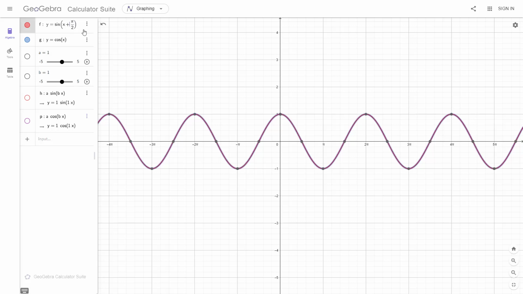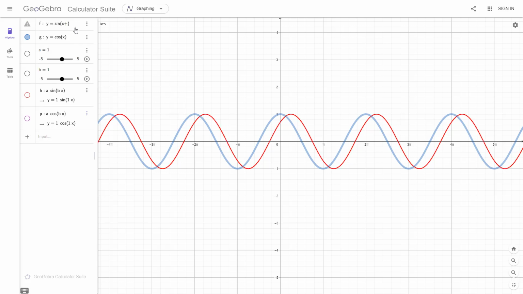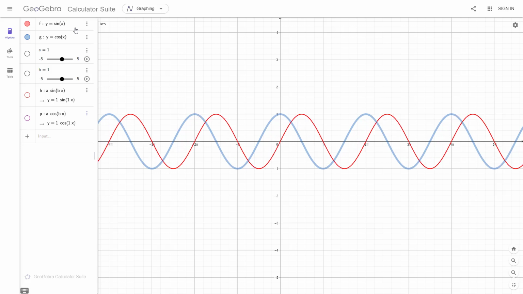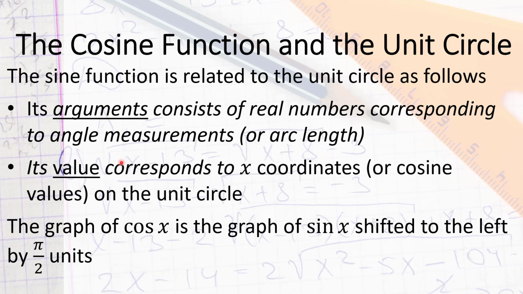And just to show it in a little way, here's pi over 4, so it's not shifted as much. And then here the sine wave is back to where it should be. And there we go. So that is an example that shows that the cosine function is a graph of the sine function shifted to the left by pi over 2 units.